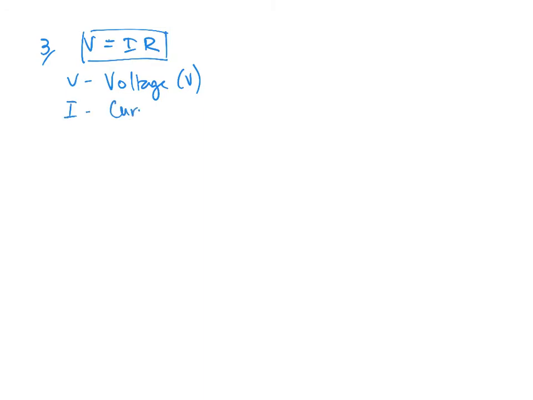Learning outcome 3 then is a formula. Hopefully by now you've got the hang of what these symbols all stand for, but just as a reminder.